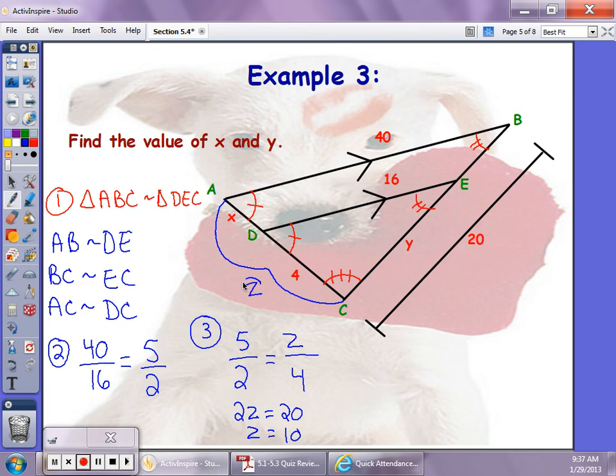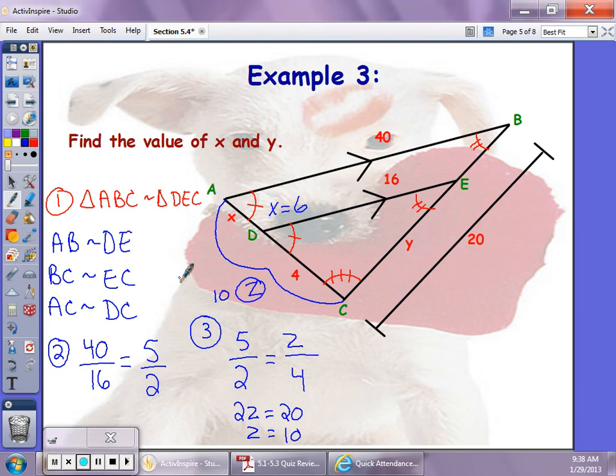Remember, if Z equals 10, I just want to find the length of x. I know the length of DC is 4 and the length of AC is 10, so 10 minus 4 means that the length of x is 6. So the length of x here is 6.